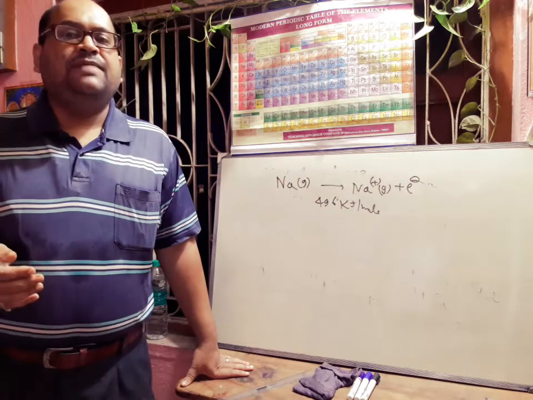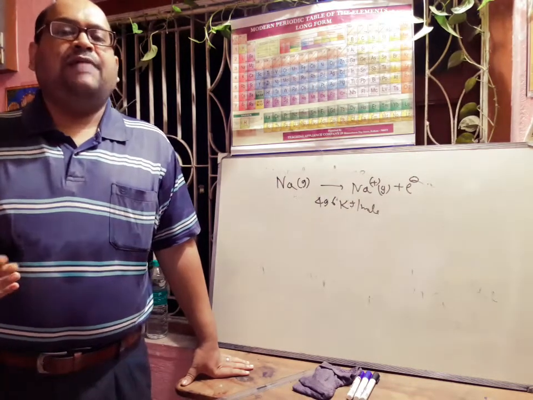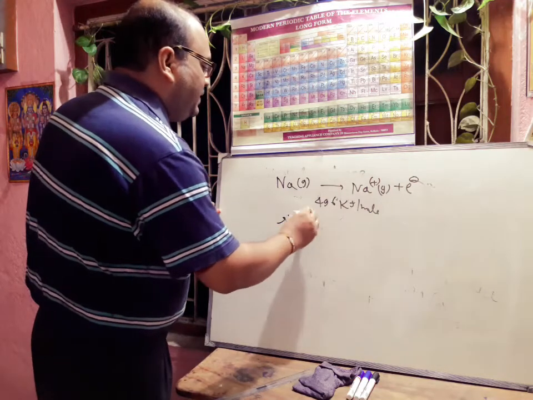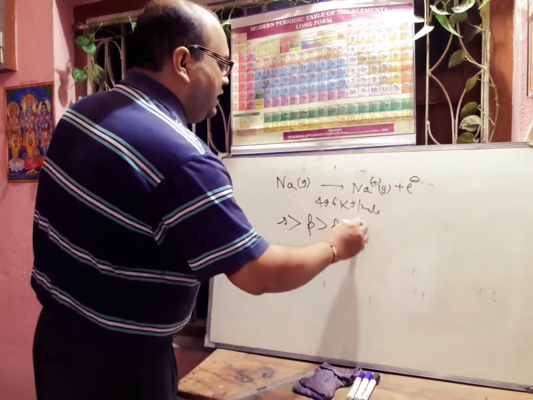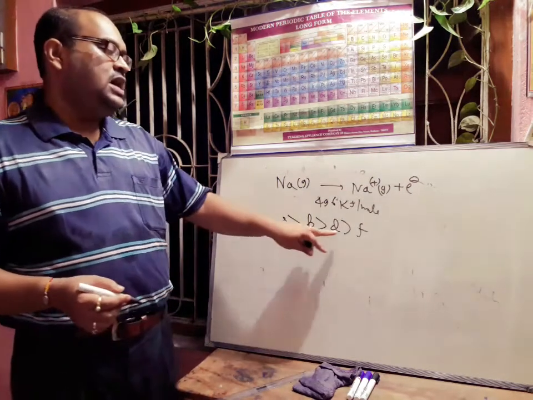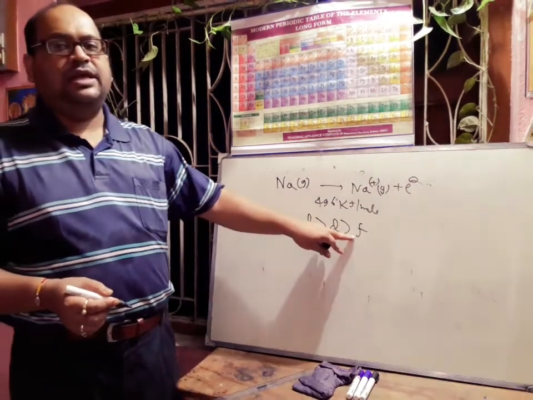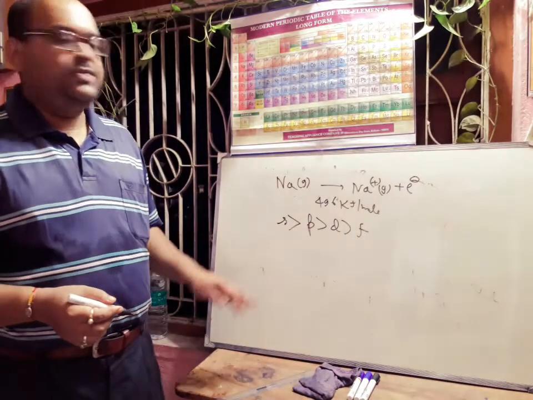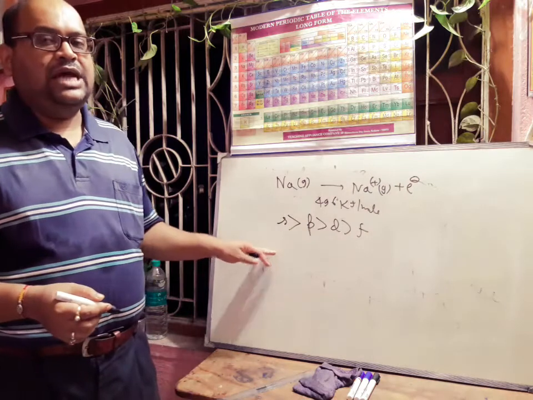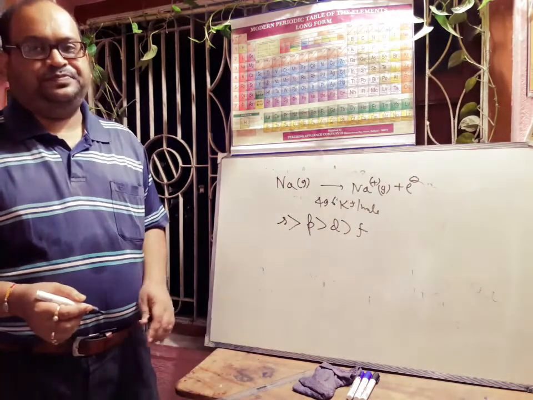Different orbitals have different screening effects. Generally, s orbital has better screening effect than p orbital, then d, then f, because s orbital is spherically symmetrical, p orbital is more diffuse, then d orbital more diffuse, and f orbital more diffuse. If we know the screening of the orbital, then we can easily understand this effect.